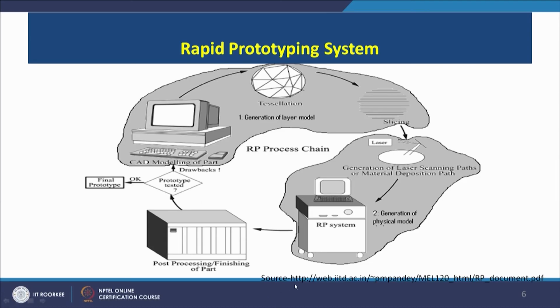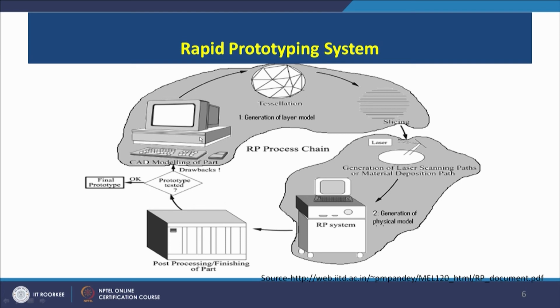The source is given here, iitd.ac.in. So there is a CAD model of the part, then converting to STL format, slicing, converting it into layers. Then there is a rapid prototyping machine through which we are creating the prototype, and finally post processing or finishing of the part.